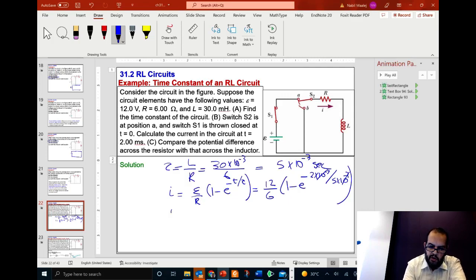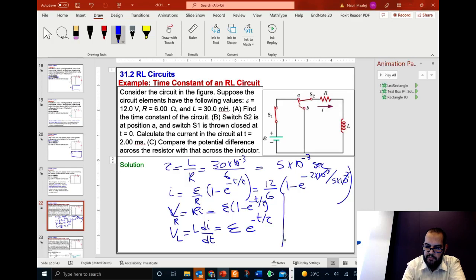Compare the potential difference across the resistor with that of the inductor. Across the resistor, it's equal to Ri, which is epsilon times (1 minus e to the minus t over tau). V across the inductor is L di/dt, and this is going to be equal to epsilon e to the minus t over tau.